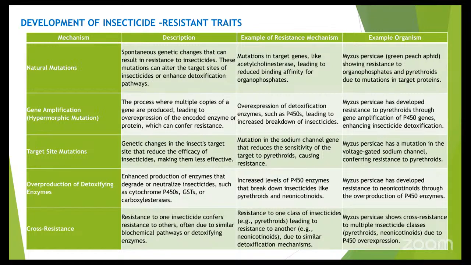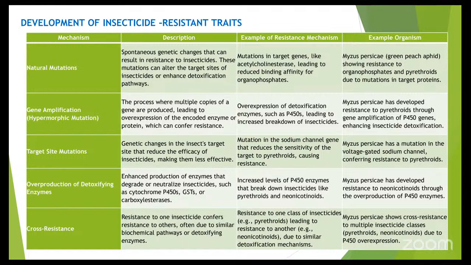It will reduce the sensitivity of the target to pyrethroids, thus causing resistance. Again, the example is Myzus persicae, which has a mutation in the voltage-gated sodium channel, conferring resistance to pyrethroids, which act on that particular channel.